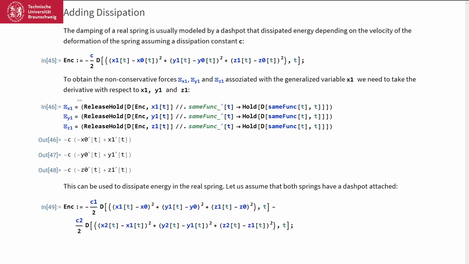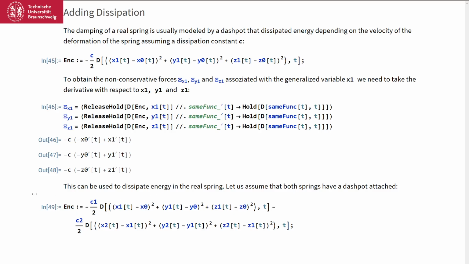It's the difference in velocities between the two endpoints of the dashpot, and the dashpot is attached to the spring. So again, it's position 1 and position 2. So we have here the difference of the velocities. If both ends of the dashpot have the same velocity, then there is obviously no dissipation. It's only the difference.